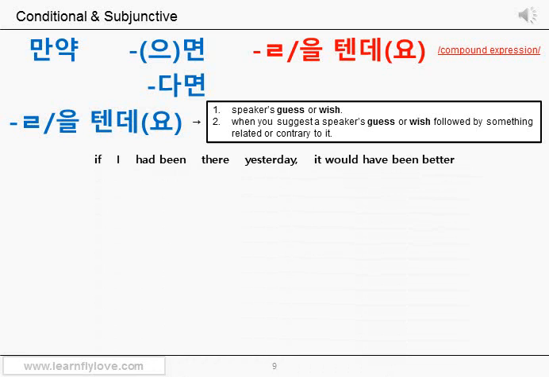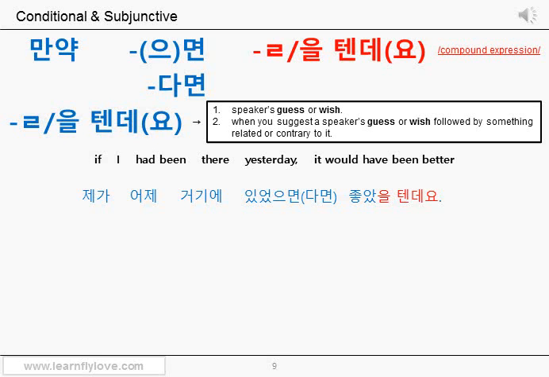Let's take a look at the English sentence first. If I had been there yesterday, it would have been better. Let's see the Korean sentence for this English sentence then. 제가 어제 거기에 있었으면 or 있었다면 좋았을 텐데요. Let's not use 만약 here.